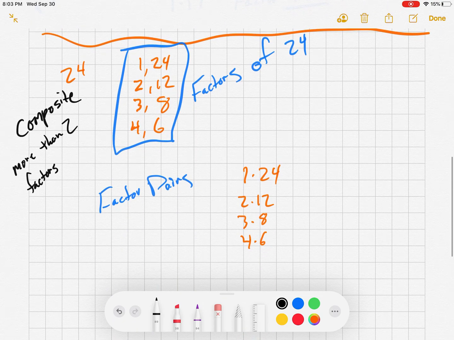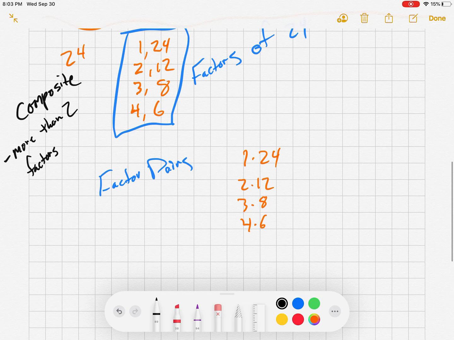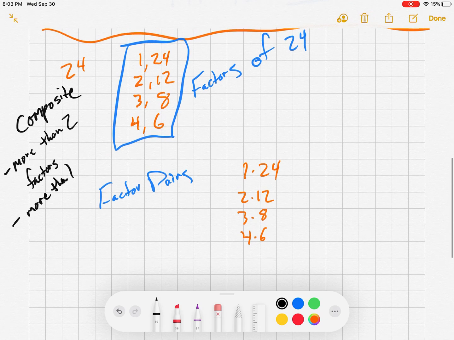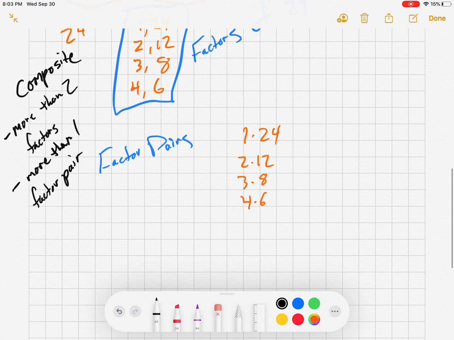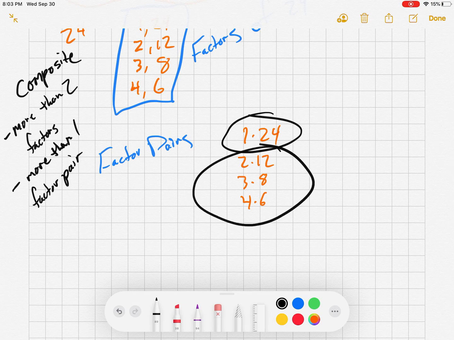Just 2, right? So composite has more than 2 factors, but it also has what? It also has more than 1 factor pair. Every number will have the factor pair of 1 and itself. It's these that make it composite.